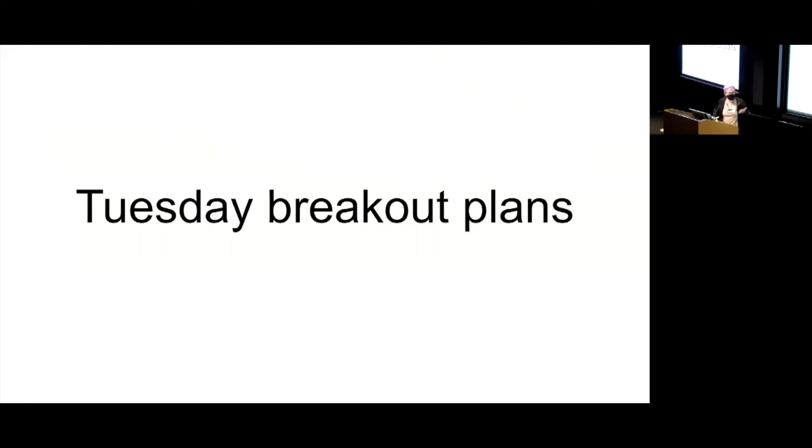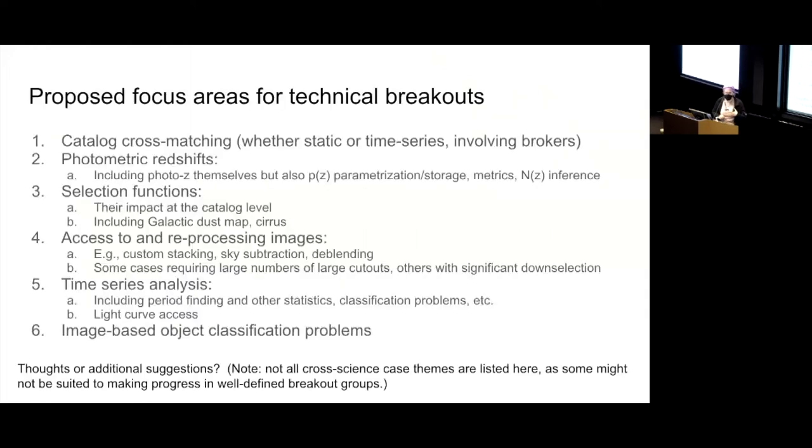We hadn't previously specified areas for the technical breakouts, and so the organizers wanted to propose areas now. So just to kind of get you oriented, the catalog cross-matching, this came up an awful lot.